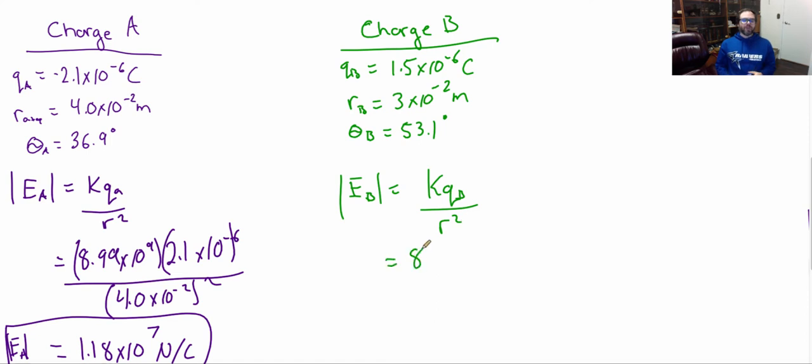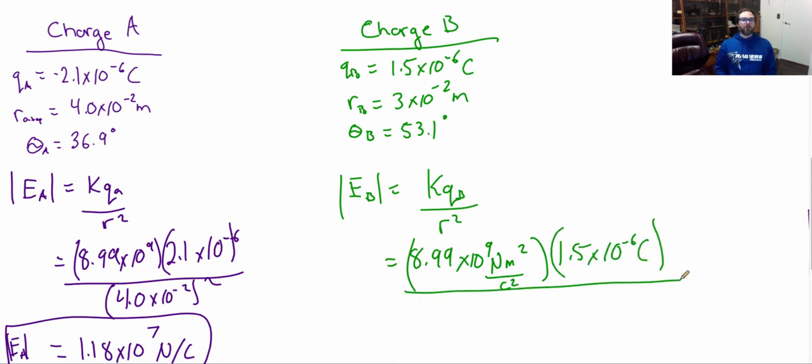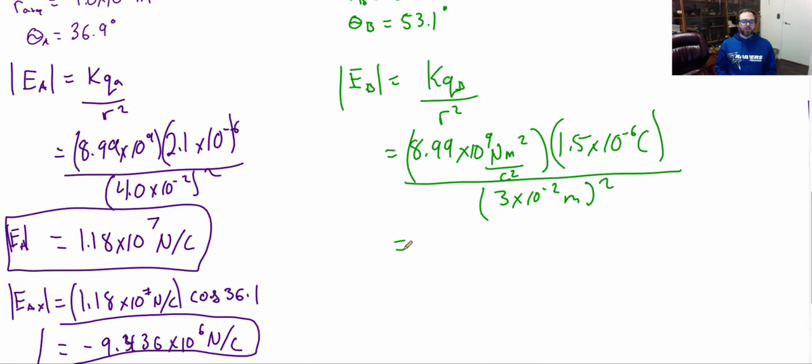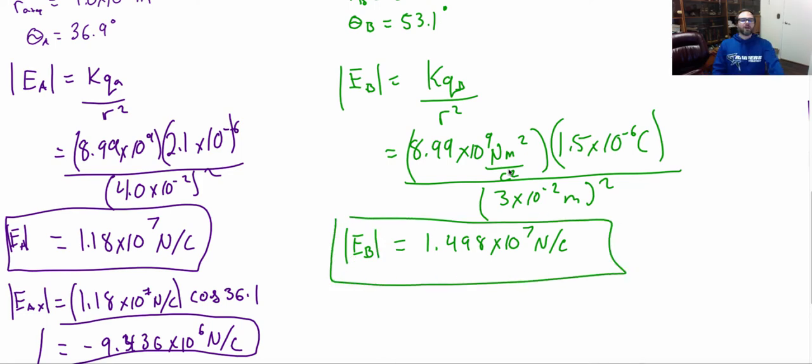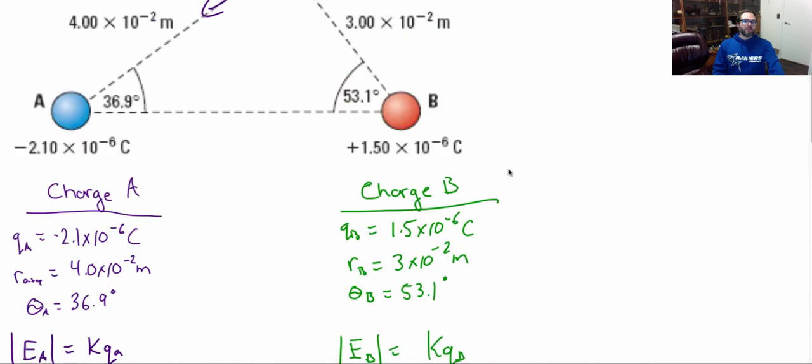That's going to end up giving me 8.99 times 10 to the 9 newton meters squared per coulomb squared, all multiplied by 1.5 times 10 to the negative 6 coulombs divided by 3 times 10 to the negative 2 meters, squared. And that's going to end up giving me a total of 1.498 times 10 to the 7 newtons per coulomb.